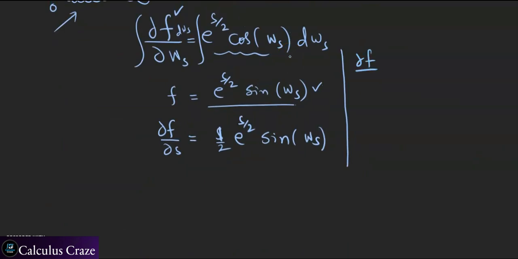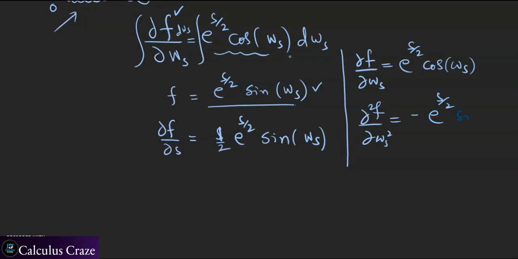So let's differentiate with respect to Brownian w first. It is going to be e to the s by 2, and you differentiate only with respect to w, so it is going to be cos of w sub s, and when you differentiate it again for the second derivative, you will get minus e to the s by 2 sine of w sub s. So now you have got the partial derivative of f with respect to s, the partial derivative of f with respect to w, and the second partial derivative of f with respect to w.